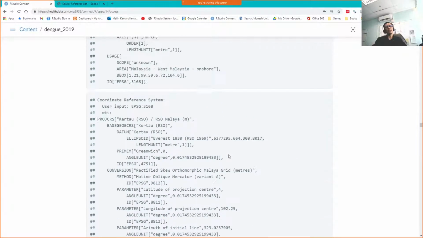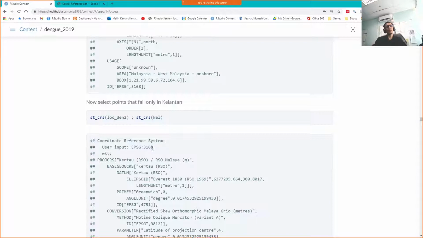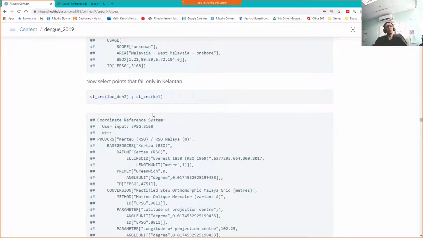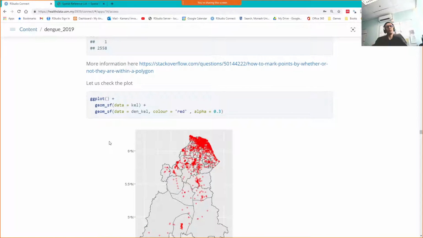What I did, I missed telling you this. I converted the point data from WGS 1984 to Kertau RSO. Only by doing that can I plot the points over the polygon.